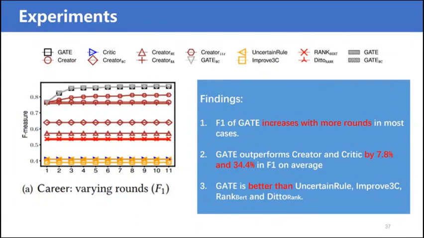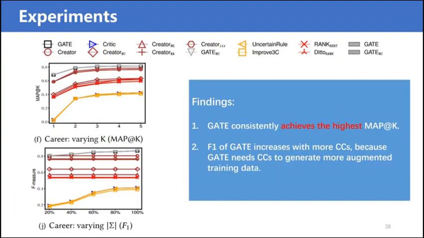Finally, GATE is better than certain rule-based methods, such as ProSense, and deep learning methods, RankBERT and DitoRank. We also make experiments by varying k and varying the size of the rule set. So we find that GATE consistently achieves the highest MAP at k, which is a ranking criterion. Secondly, F measure of GATE increases with more CCs because GATE needs CCs to generate more augmented training data.